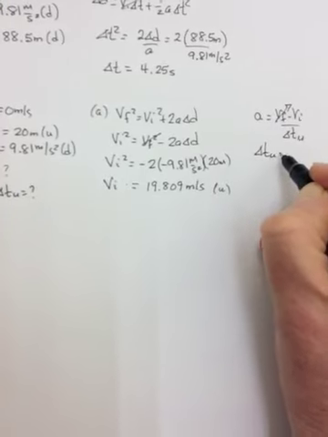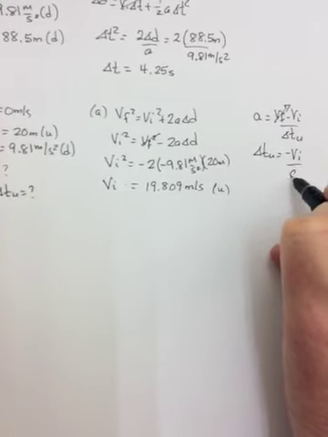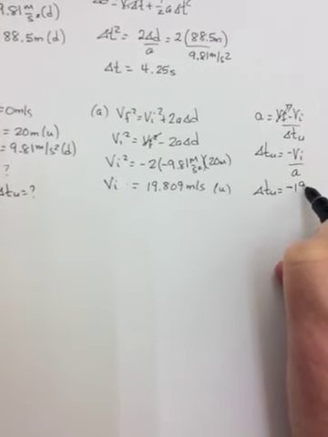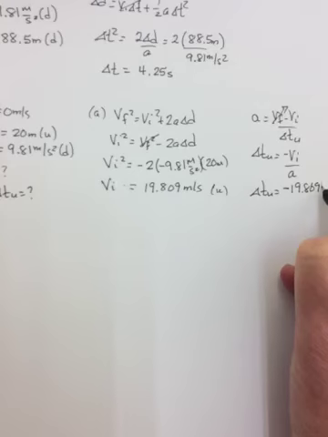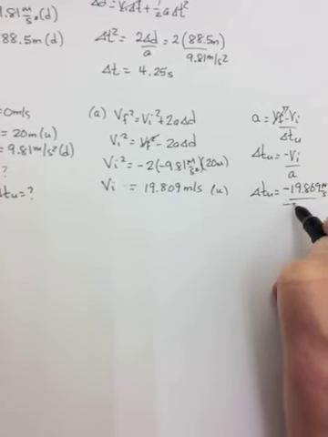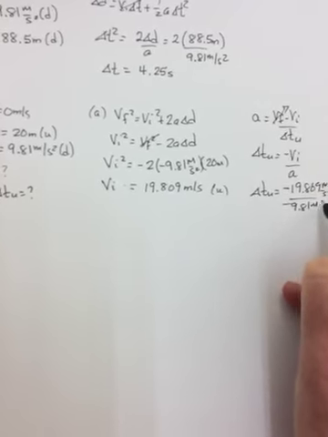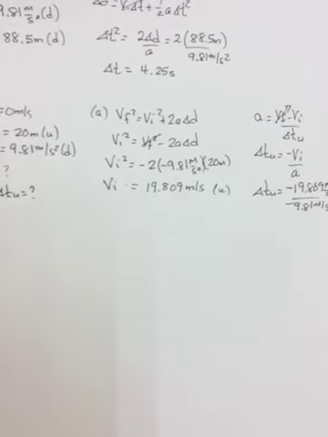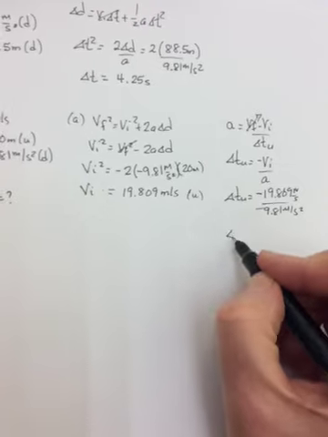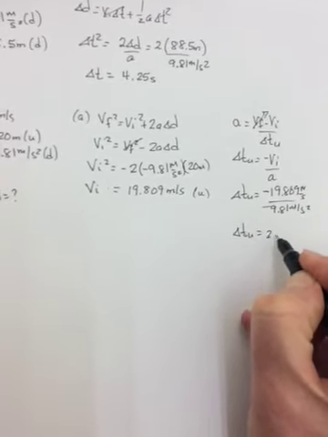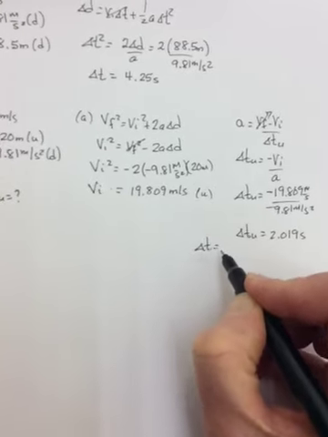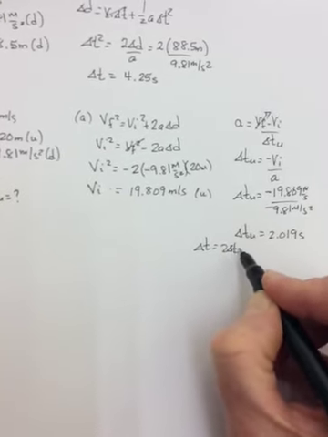So delta T up is equal to negative VI over A. So delta T up is equal to negative 19.809 meters per second divided by negative 9.81 meters per second squared. And this should be pretty darn close to 2. I think it's 2.019 seconds. So then the total time would just be 2 times that.